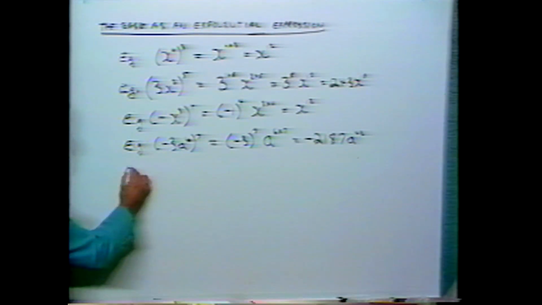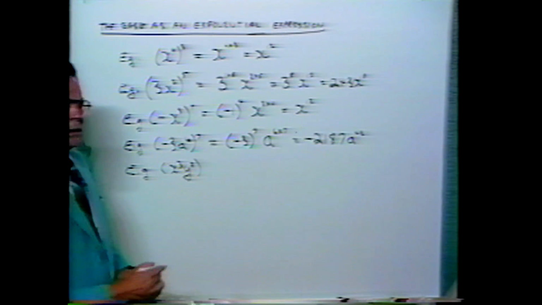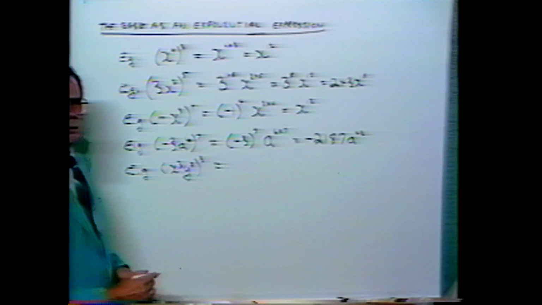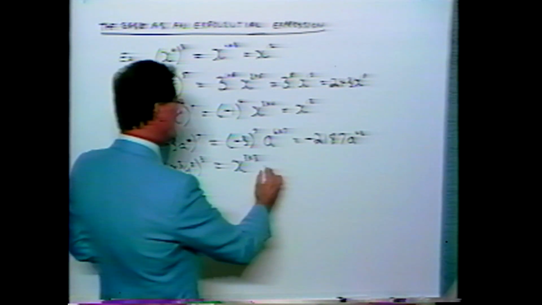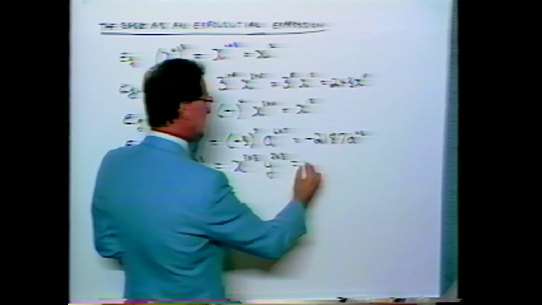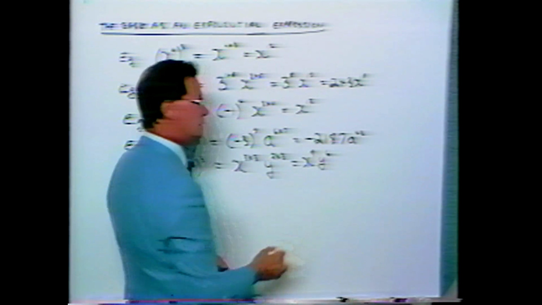Another example, x cubed y squared raised to the 3rd is equal to x to the 3 times 3 followed by y to the 2 times 3. And this eventually is written as x to the 9th y to the 6th.